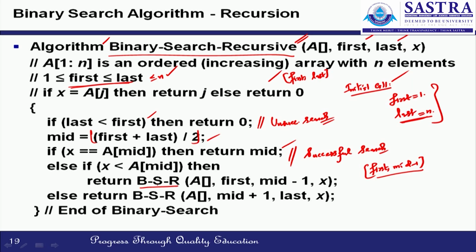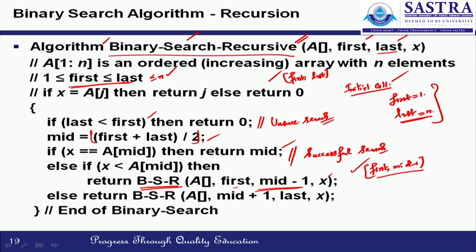See, this is the name of the algorithm, binary search recursive. The same algorithm name is mentioned inside the algorithm. It results in a recursive call. Return binary search recursive A array comma first comma the actual parameter, the third one, this is updated to mid minus 1 because the search range is first to mid minus 1.